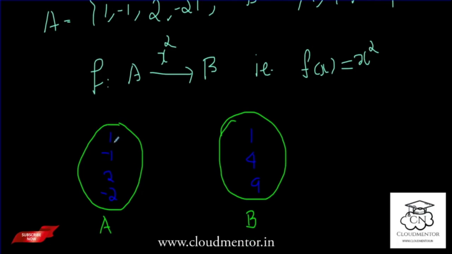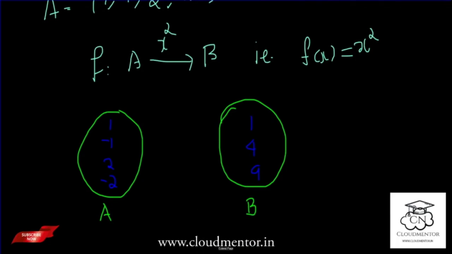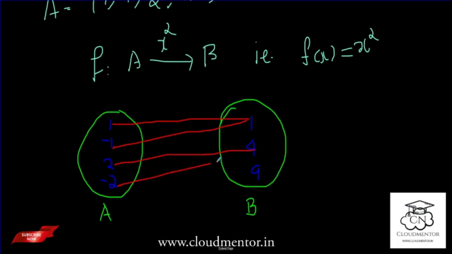So 1 square, this function can be plotted like this. Okay, 1 square is 1, and the square of minus 1 is also 1, so it can be plotted to here, and the square of 2, that is 4, and also that of minus 2, it is also 4.